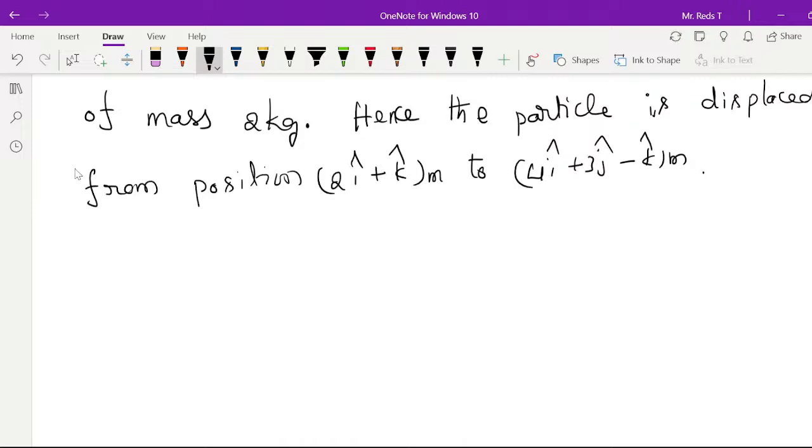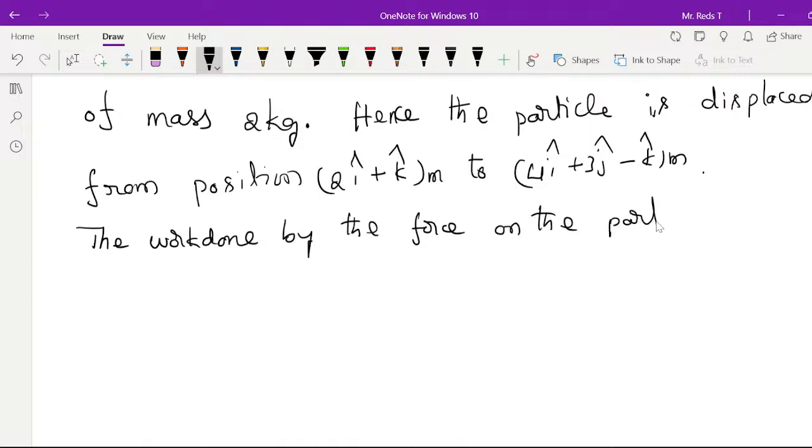Then the work done by the force on the particle is, right, options.